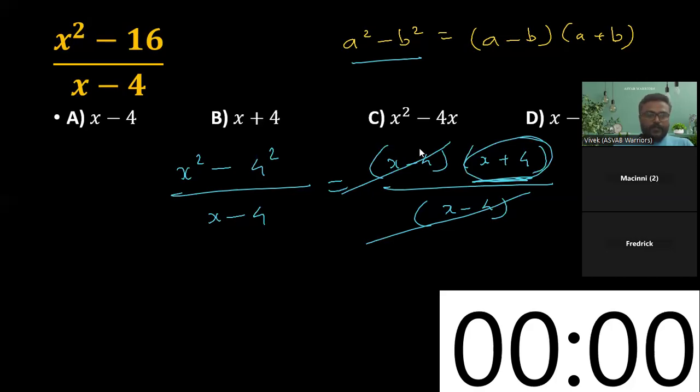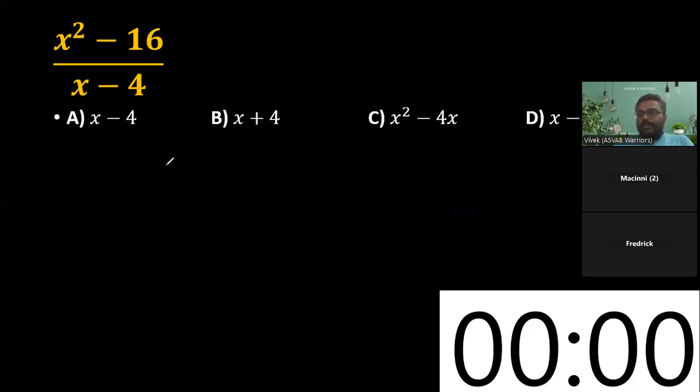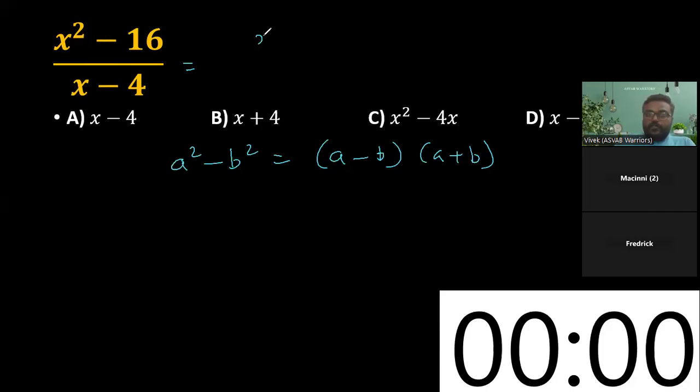Fine. Let me solve it again. Now remember this identity, a square minus b square will be nothing but a minus b times a plus b. Whenever you get something like this, there are two perfect squares, which is x square, and 16 is the perfect square of 4. So x square minus 4, and in the denominator we have x minus 4.